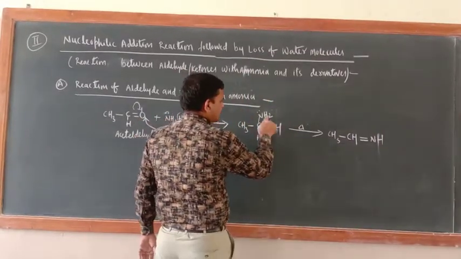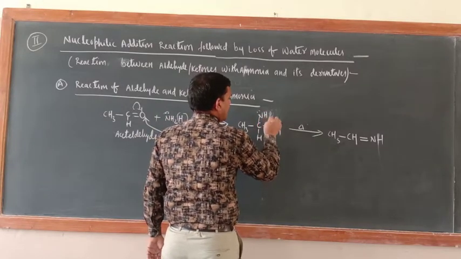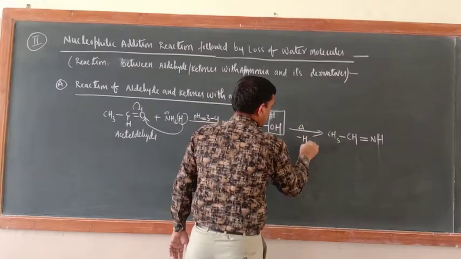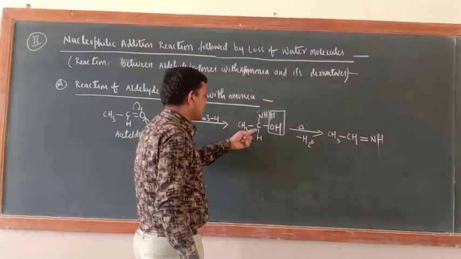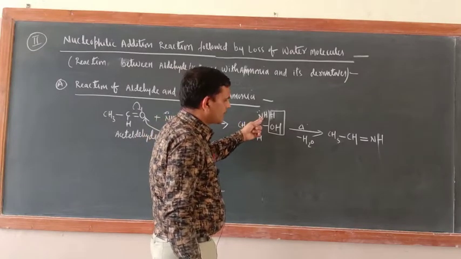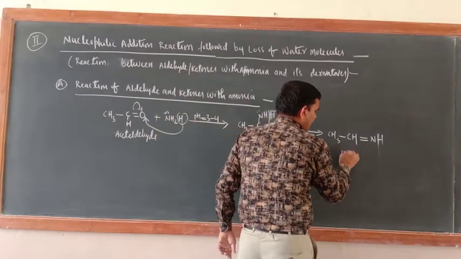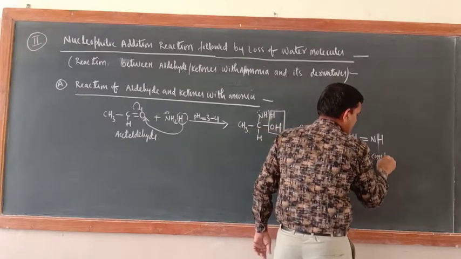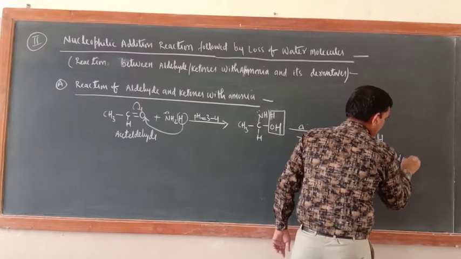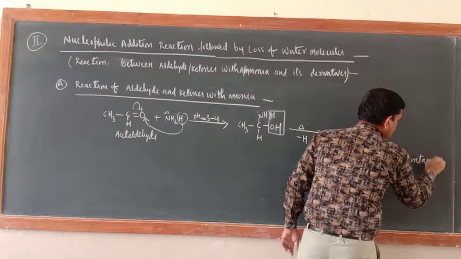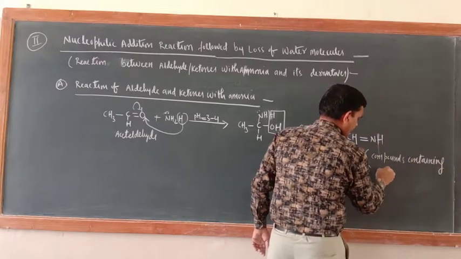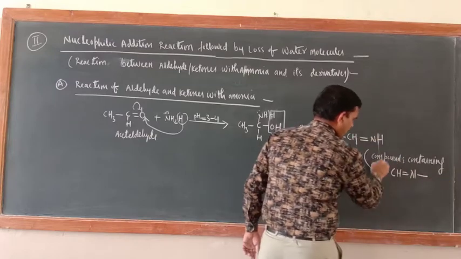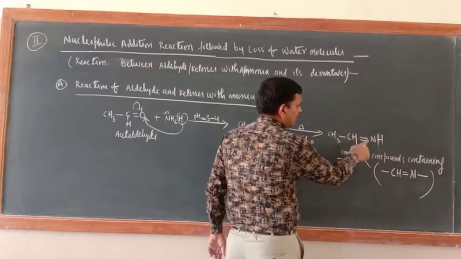Now OH of this one and NH2 can be written like that, NH. So H and OH leave as H2O. So what is left here? CH3CH double bond NH. Okay, this is only imine. What is this one? Imine. So what are imines? Compounds containing, you should remember this one, the CH double bond N group.